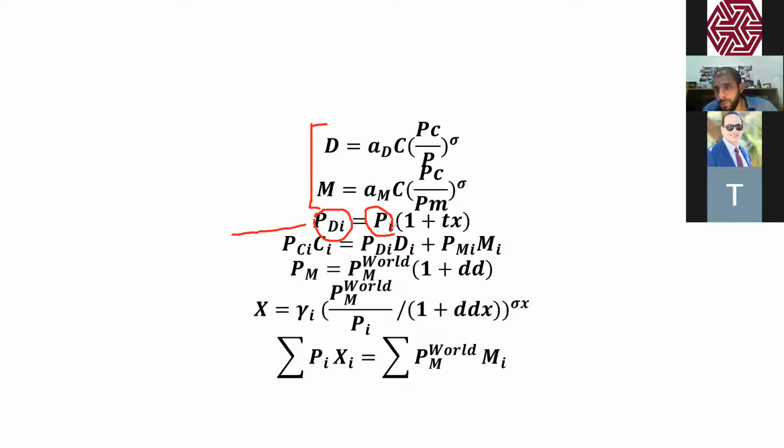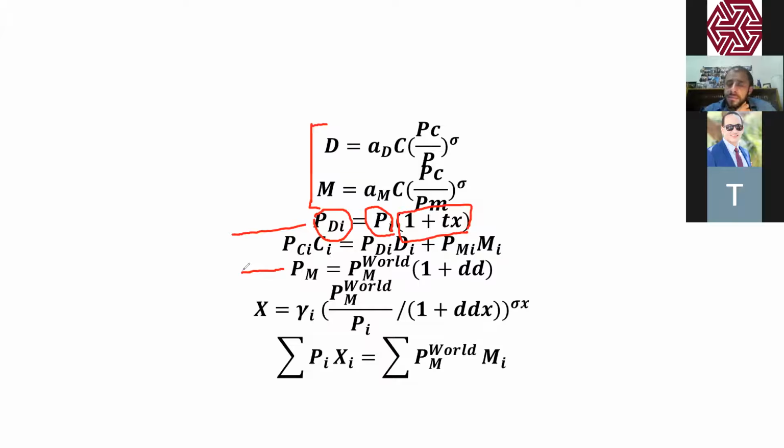What is the difference between both? It's attributed to taxes, okay? So that's the price that we call PD. We have a second price, PM, and this price PM is the price of imports.